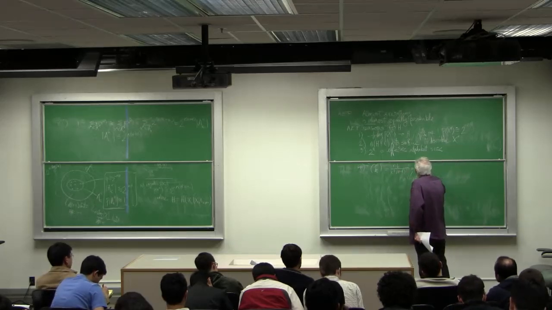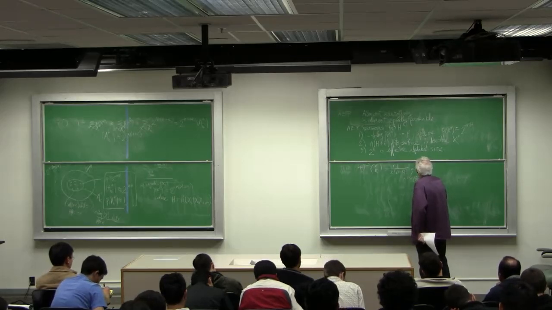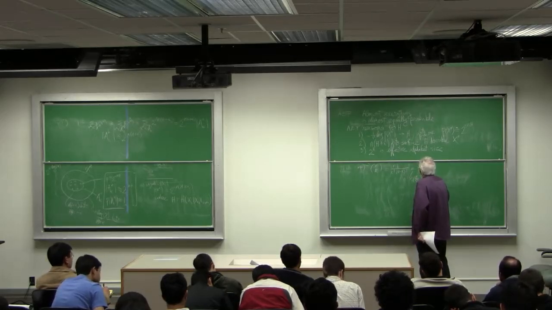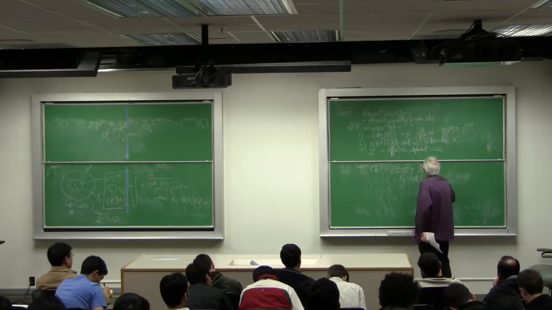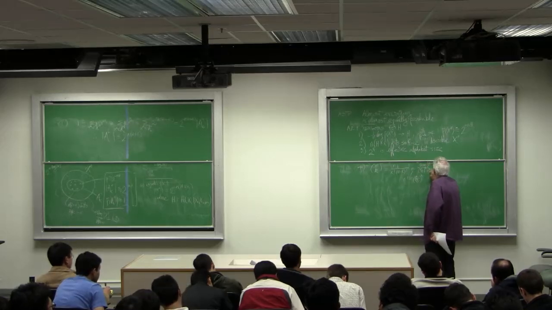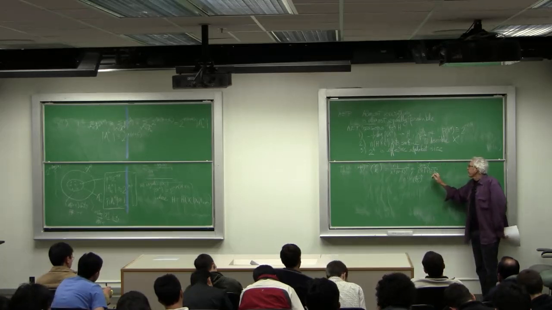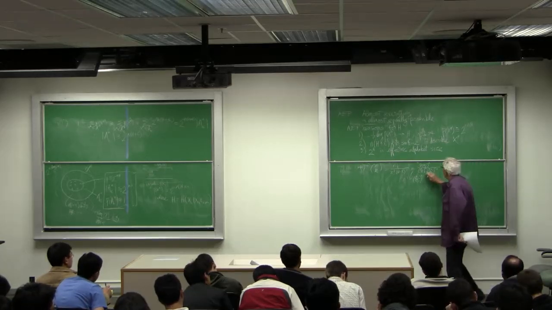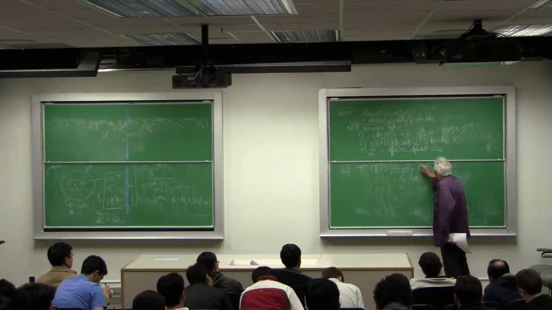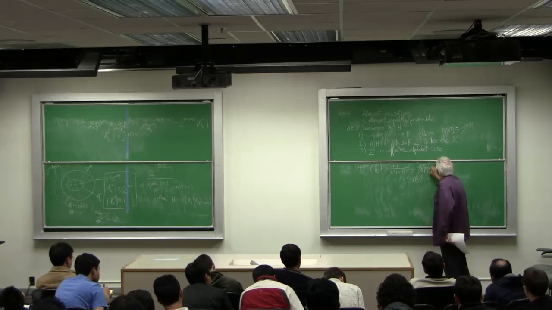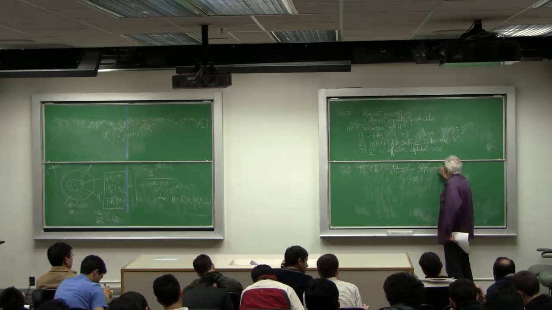When I plug that in, I get N over E to the N, over K over E to the K, times N minus K over E to the N minus K. Sorry, I meant K, K, K, K. Another thing you can't read.